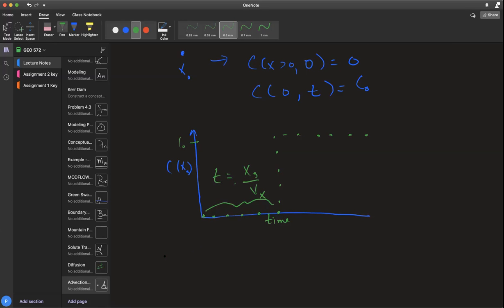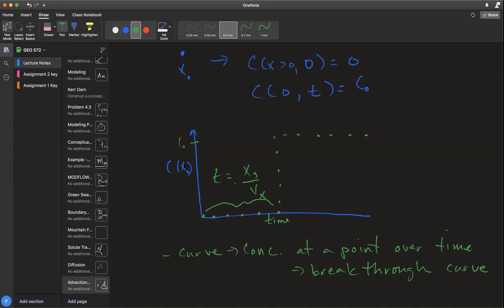This curve, where I have concentration at a point over time, is called a breakthrough curve. We call it a breakthrough curve because it's the time it takes for that inlet concentration to move to our sampling point and break through.